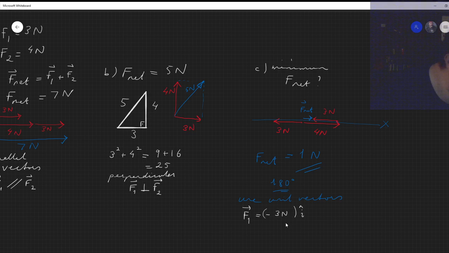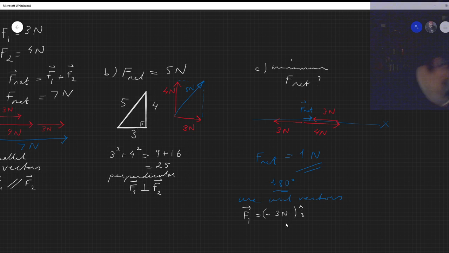Let's stick with the notation the book uses for unit vectors. I think in the video, last time I mentioned both of them, i hat or x hat. Both are used. These are the unit vectors, right?